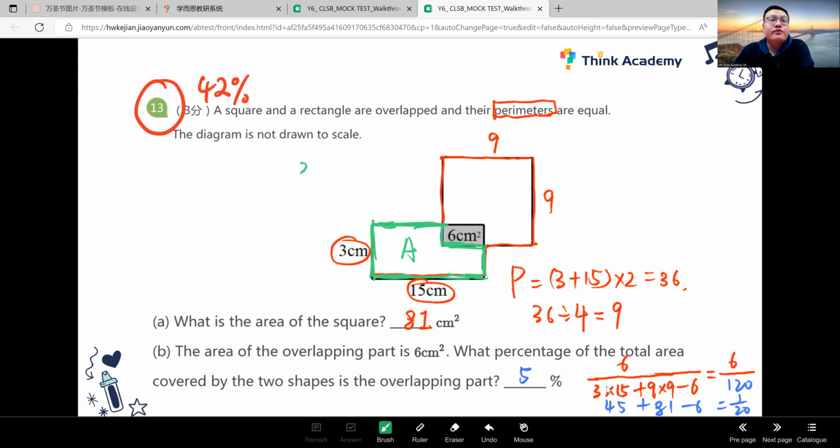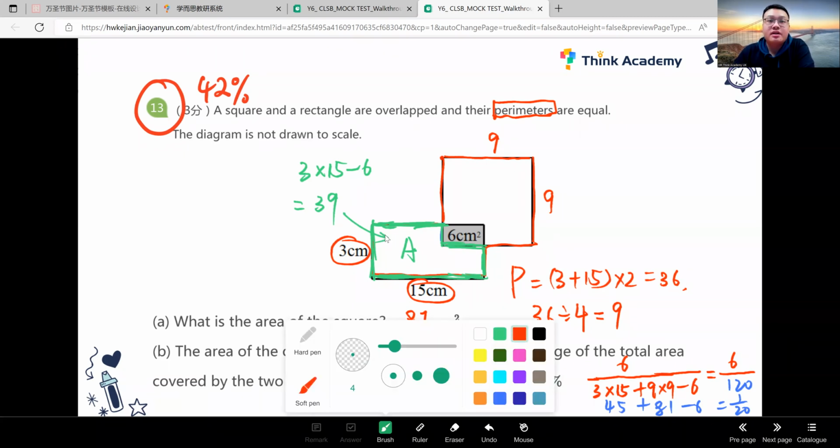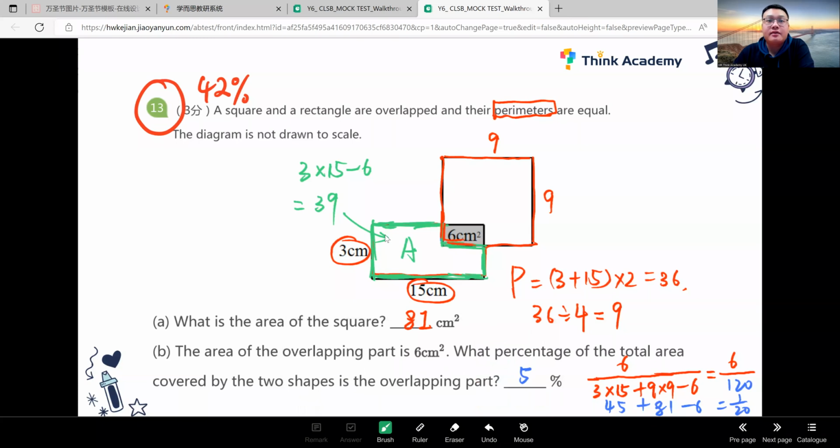So that will be 3 times 15 minus 6. 45 minus 6, you got 39. So the area of part A is 39. And the area of the square equals 81, which is 9 times 9.